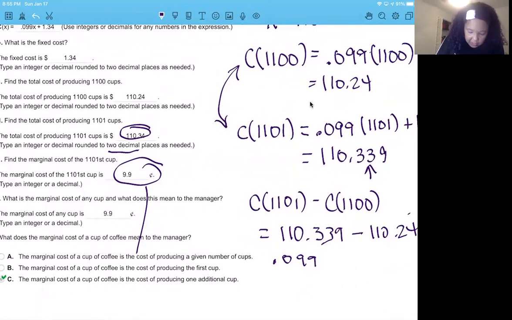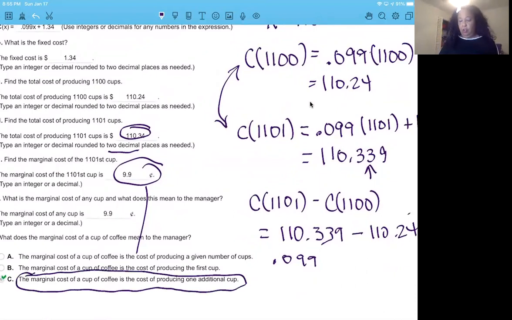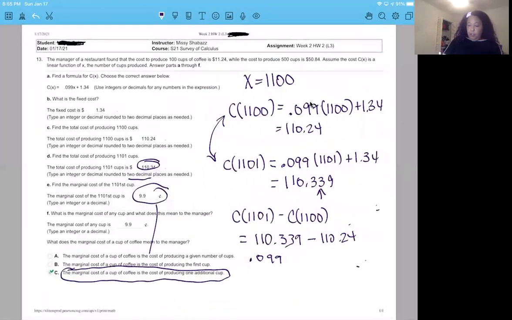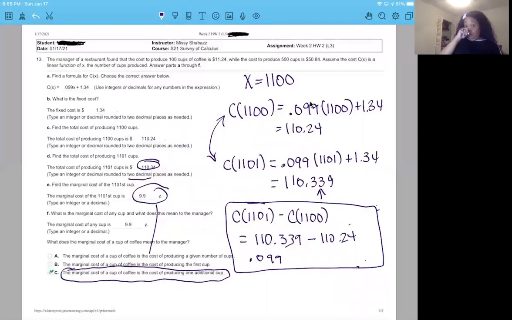It is the cost of producing one additional cup. All right, so one more cup. Sorry about the confusion of this one. I just kept writing it down in the wrong order. But that is one of the questions that people have found more difficulty with. So I hope that was helpful, and have a good evening.